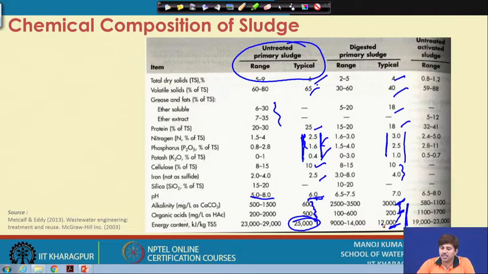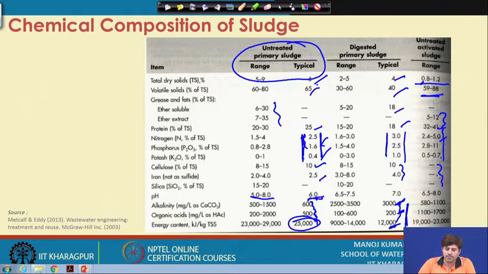If you see the activated sludge, the dry solids are very little, of the order of 0.8 to 1.2% just. The volatile solids may be quite high, and the proteins and the organic constituents are quite high.